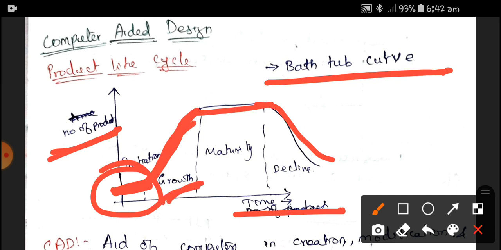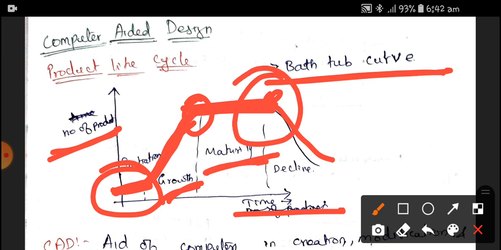When the product comes as a live product, it is at the beginning of the maturity stage, and after that all the testing processes and other aspects can be drawn and incorporated in the product. After that the manufacturing and marketing are done here.